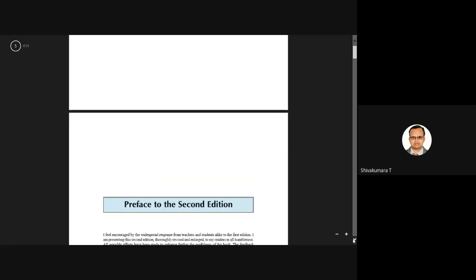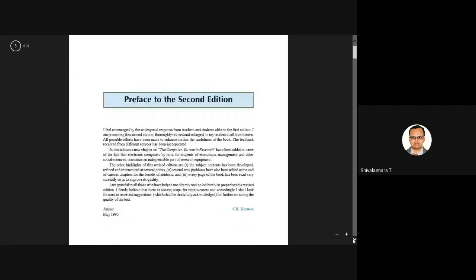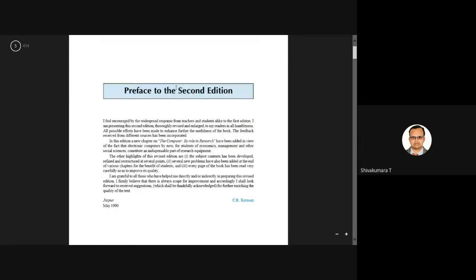And one more, say, preface to the second edition. If an earlier edition exists and he is trying to write the second edition, there is a preface for that second edition. He has written who all helped and encouraged him to write this edition of the book, and so on.